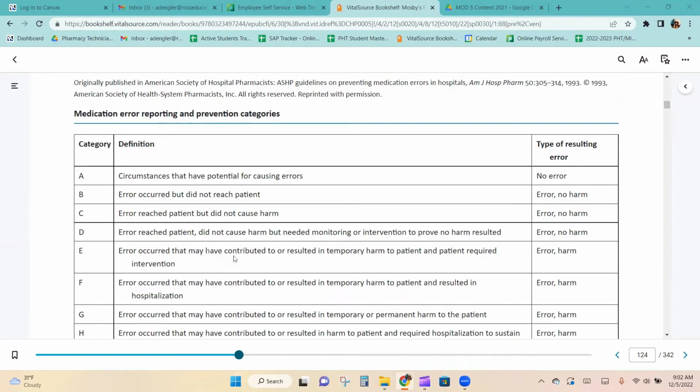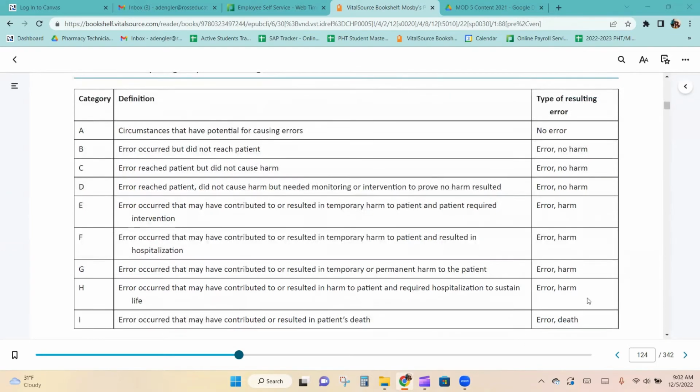An error occurred that may have contributed to or resulted in a temporary harm to patient and patient required intervention. So that is an error with harm. An error occurred that may have contributed to or resulted in temporary harm to patient and resulted in hospitalization. That would be an error, harm. An error occurred that may have contributed to or resulted in temporary or permanent harm to the patient, of course, error, harm.